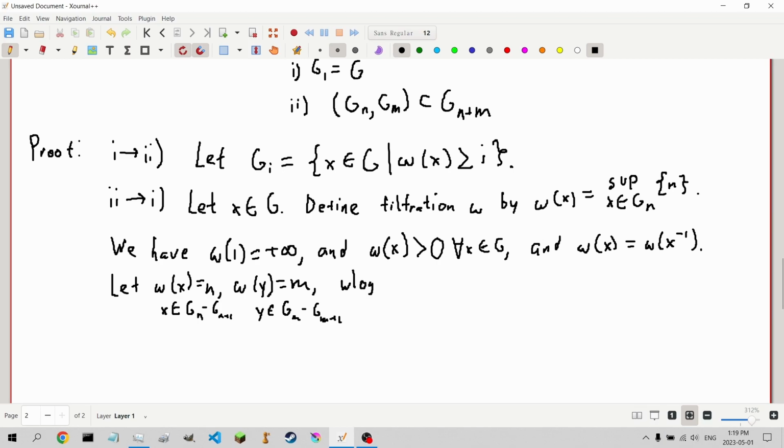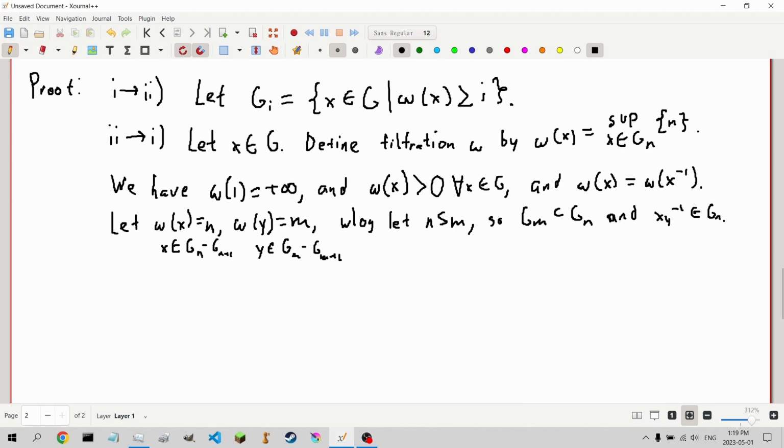Without loss of generality, we let n be bounded by m, so that Gm is contained within Gn, and this gives us that x times y inverse is contained within Gn, which is equivalent to saying that omega of x y inverse is bounded by the minimum of omega of x and omega of y.